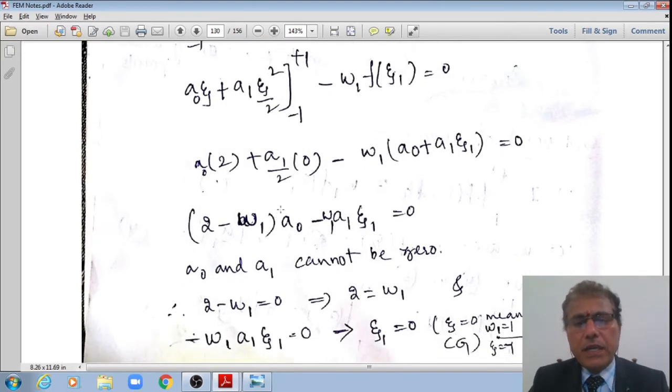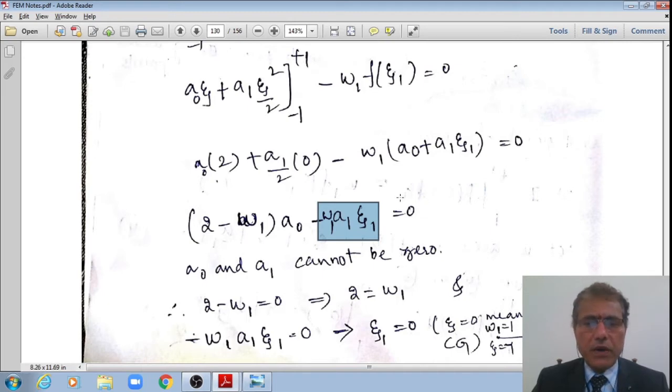I'll take the terms with a0, students. Then a0 is with 2 minus w1, and I'll also take the terms with a1. Here a1 multiplied by 0 will not contribute. What is there is only w1 multiplied by xi1 with a1. This is equal to 0 because we want to minimize the error.